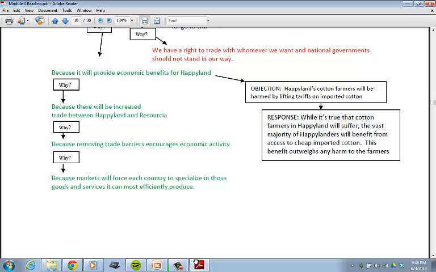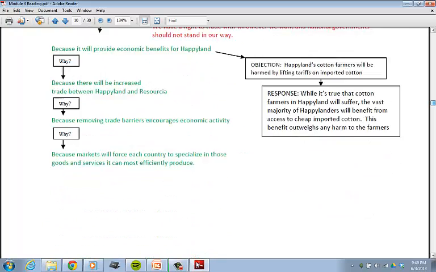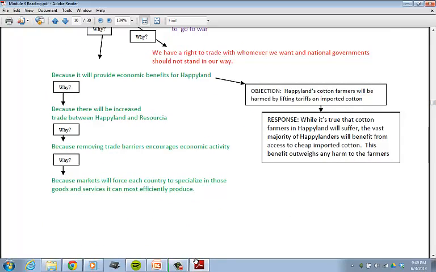Nevertheless, the vast majority of Happylanders will benefit from access to cheap imported cotton, and that benefit then outweighs any harm to the unfortunate domestic farmers. Okay, so that's the attempt to tackle the one objection that's considered, and it seems like a plausible response. You might add to that response, or you might strengthen the objection. We'll leave it at that.